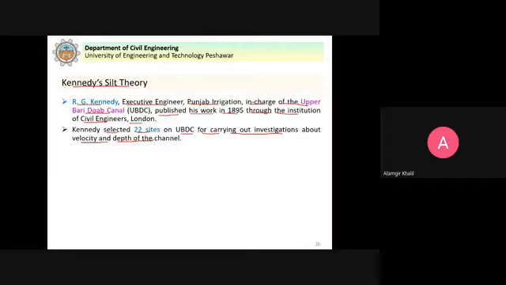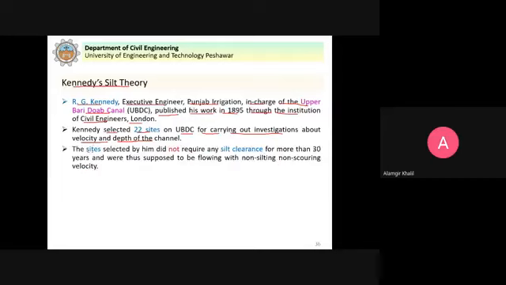He collected the data. The sites selected by him did not require any silt clearance. So these were stable sections which did not require any silt clearance for more than 30 years and were thus supposed to be flowing with non-silting and non-scouring velocity.